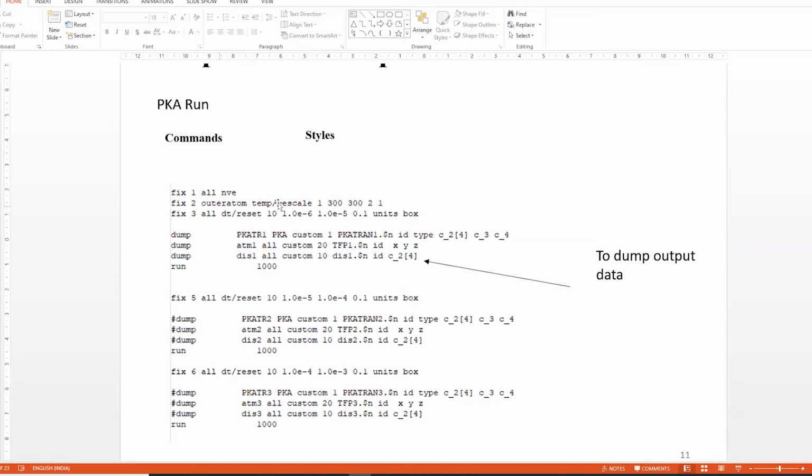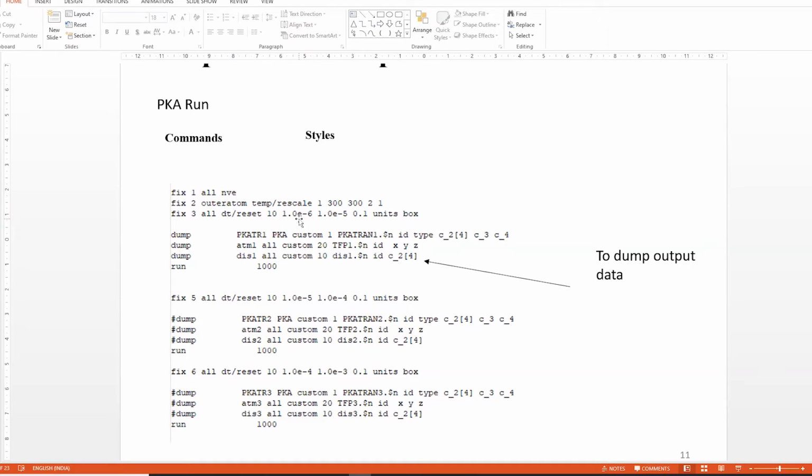For this layer I fix the temperature, so the temperature will not change there. You can specify this in the fix commands: fix 1, fix 2, and fix 3. Fix 1, I am giving all the NVE. Fix 2, that is the outer atoms, I am fixing the temperature at 200 Kelvin only. And fix 3, dt reset.